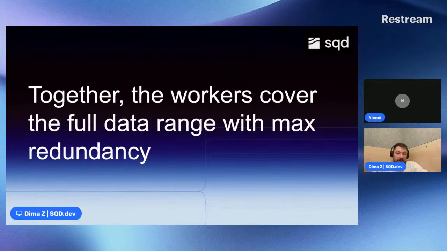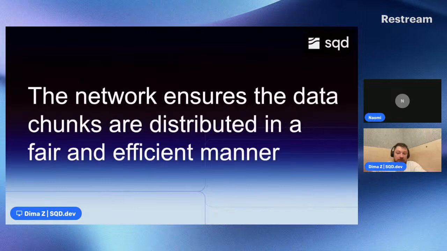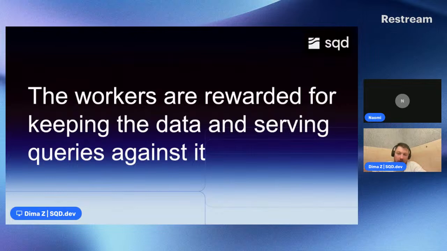The network is designed in such a way that the workers take some random piece of the data, but the network itself covers the entirety of the data. More so, each piece is replicated across multiple machines, so you have the maximal possible redundancy. There is an economic component to the network, so the workers are economically incentivized to keep this data, and they also serve this data to clients that access these workers directly.